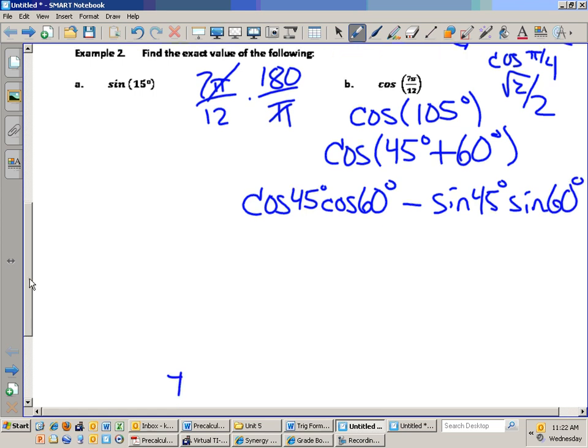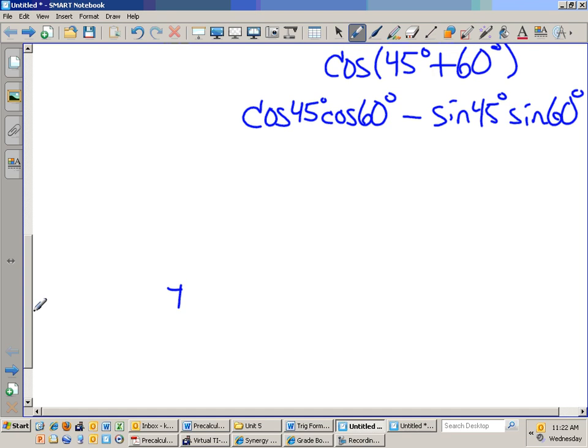And now I just need to put the exact values in for these pieces and then evaluate them. What's cosine of 45? Square root 2 over 2. Cosine of 60? A half. Sine of 45?